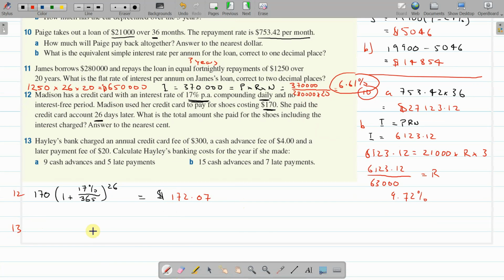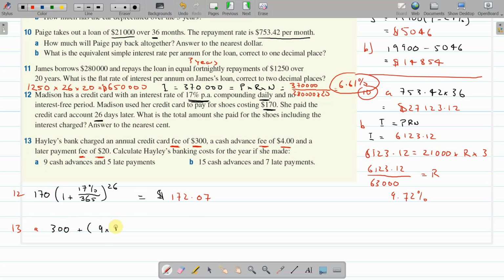Okay, 13. So we've got a credit card fee of $300, and then a cash advance fee of $4, and a late payment fee of $20. Calculate Haley's banking costs for the year if. Okay, A. We do the $300 for the credit card fee plus how many? 9 cash advances at $4.